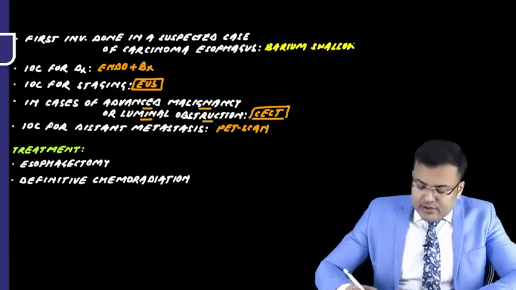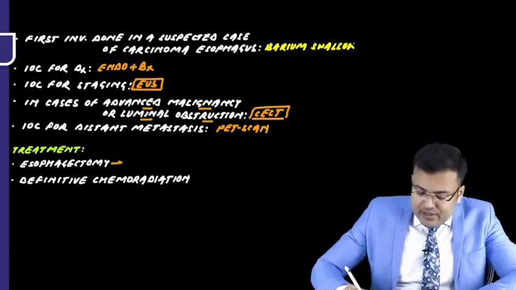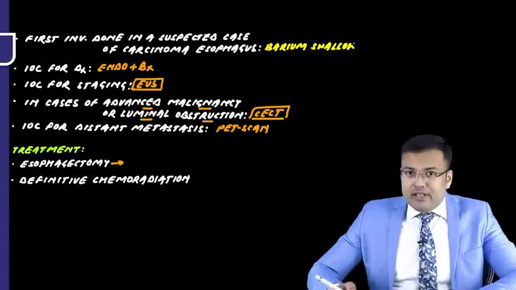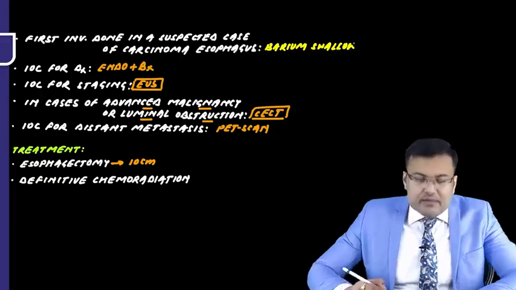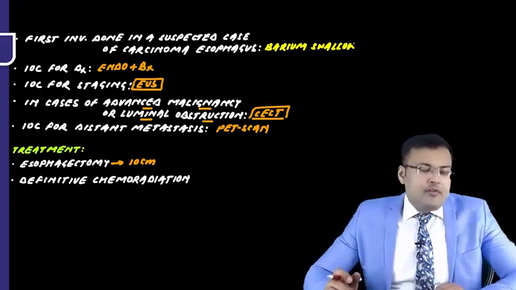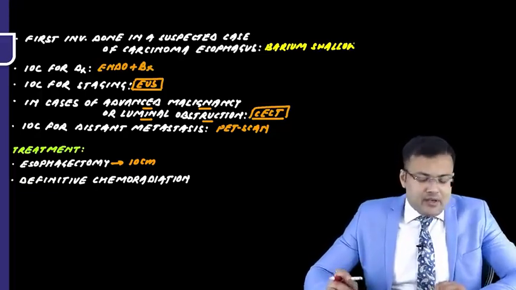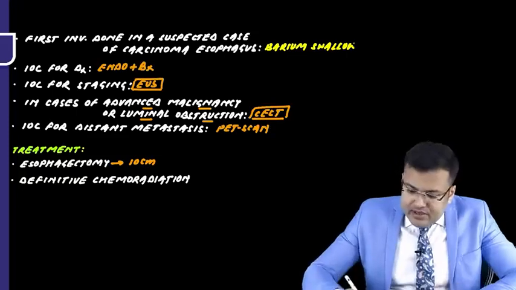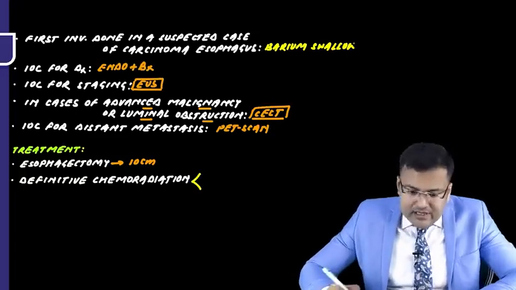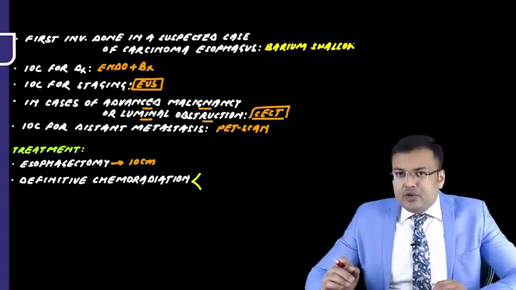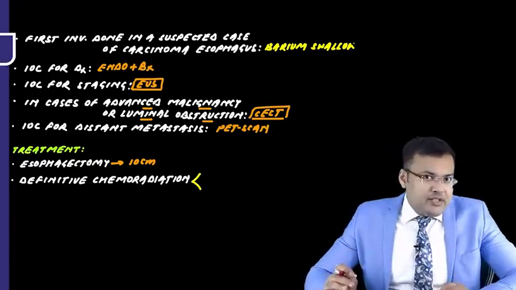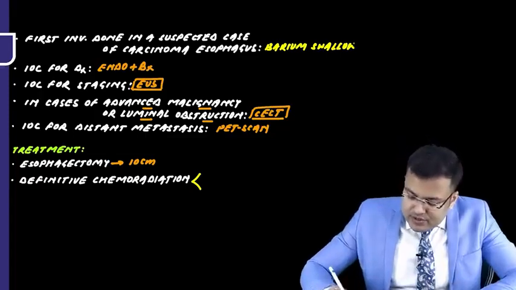Now, treatment of carcinoma esophagus, we perform esophagectomy. And a simple question, how much margin do we take during esophagectomy? During esophagectomy, we take a 10 centimeter margin. In some tumors, we go for definitive chemoradiation. Definitive chemoradiation is given for squamous cell carcinoma of the cervical esophagus and GE junction tumors which are not amenable to resection. So for which tumors?